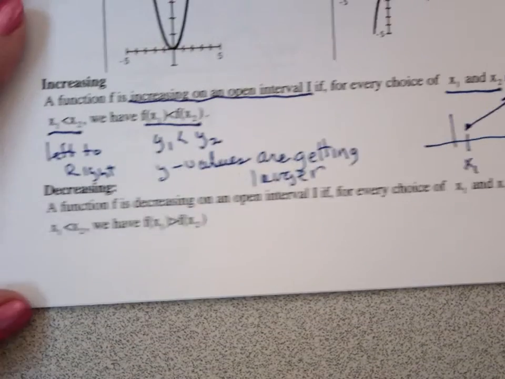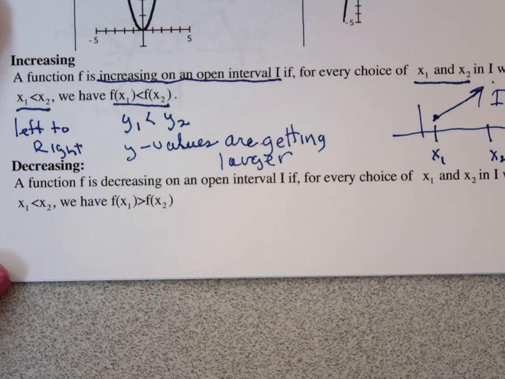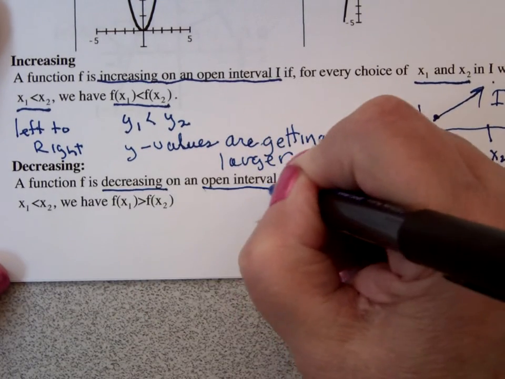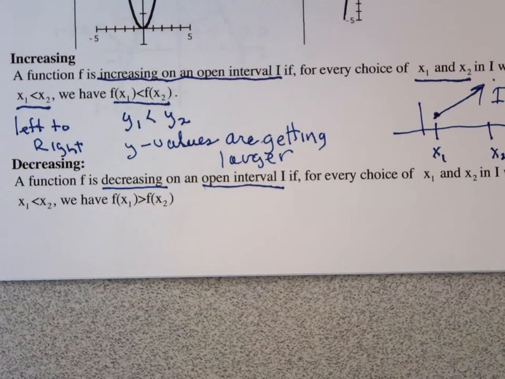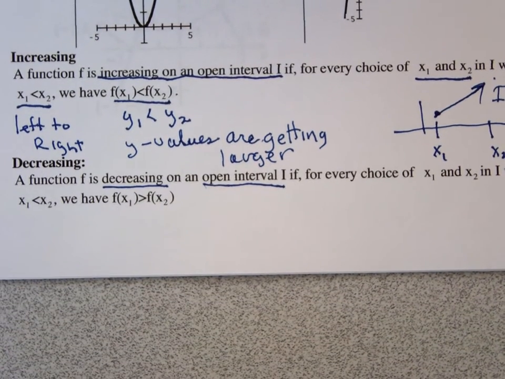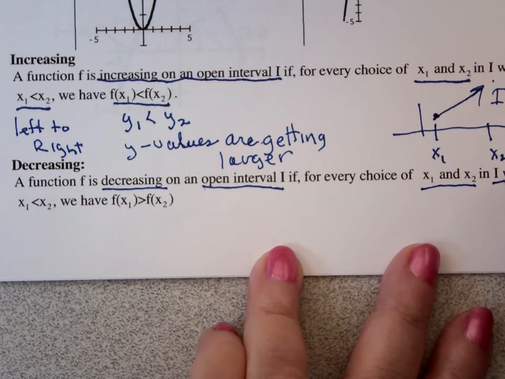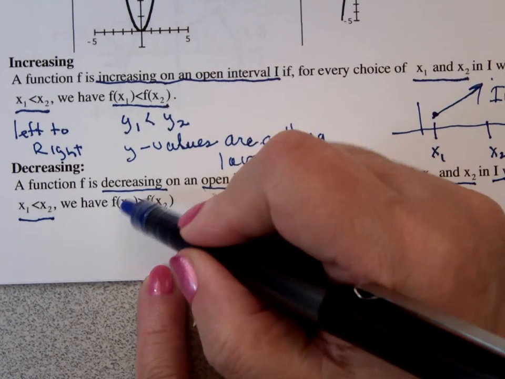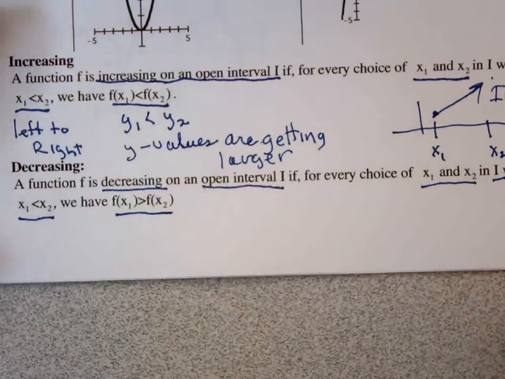Decreasing. A function f is decreasing on an open interval I. See, I don't care what's happening at the endpoints. I only care what's happening on the inside. If for every choice of x1 and x2 in I with x1 less than x2, then f of x1 is greater than f of x2.